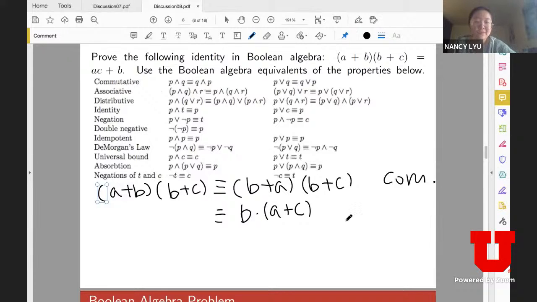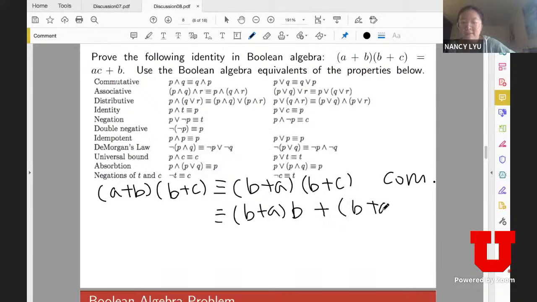But we do need to use distributive in this step. So if we view B plus A as a whole, that would give us (B plus A) dot B plus (B plus A) dot C.